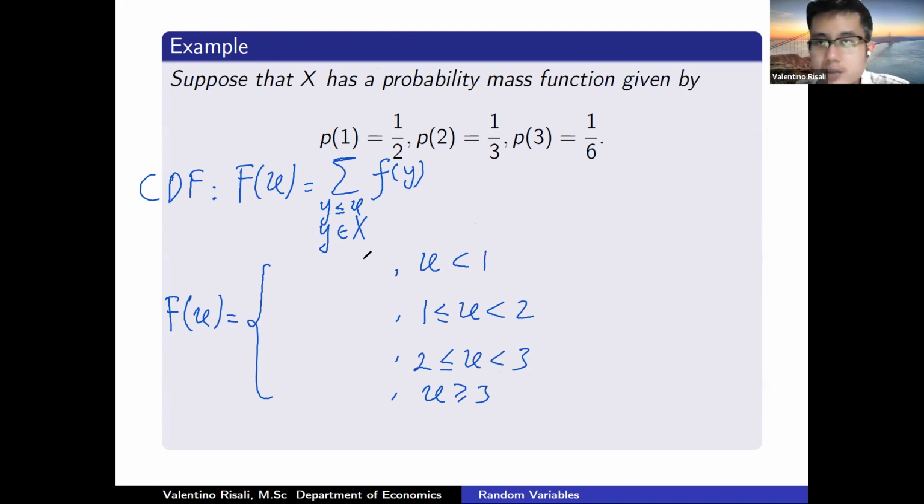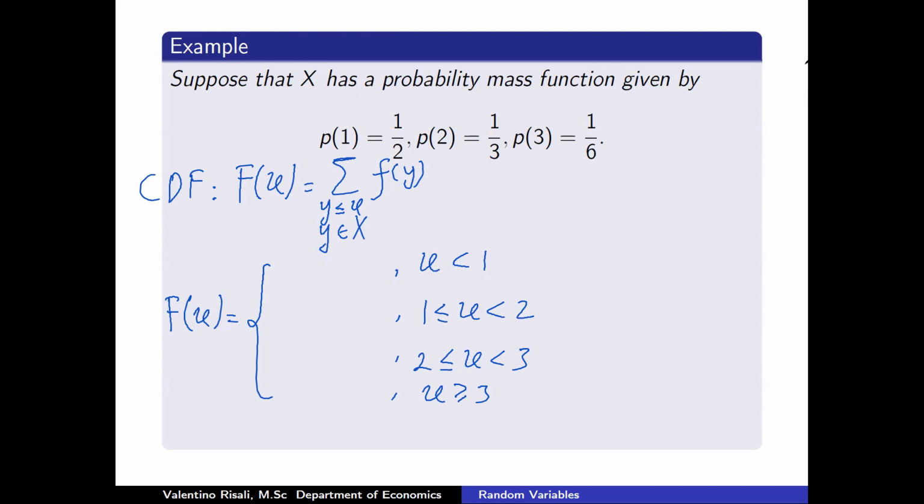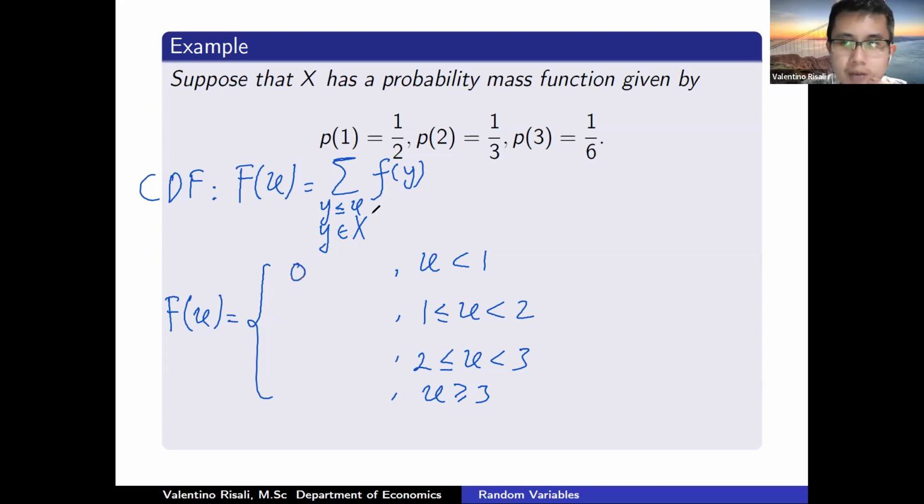Okay, for the first area, what is the value of the fx? 0, right? 0, because we don't have the y that is less than x.